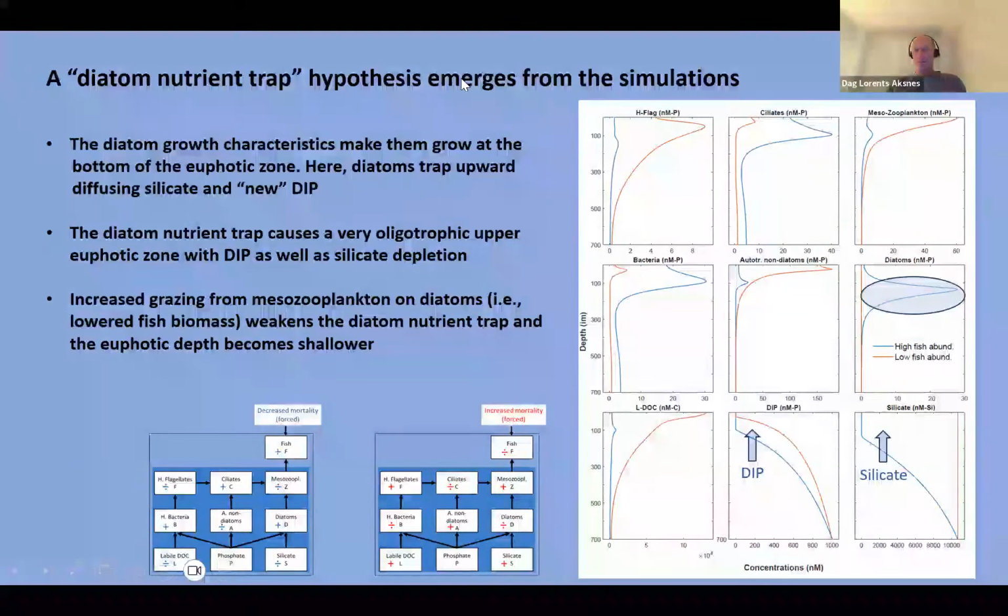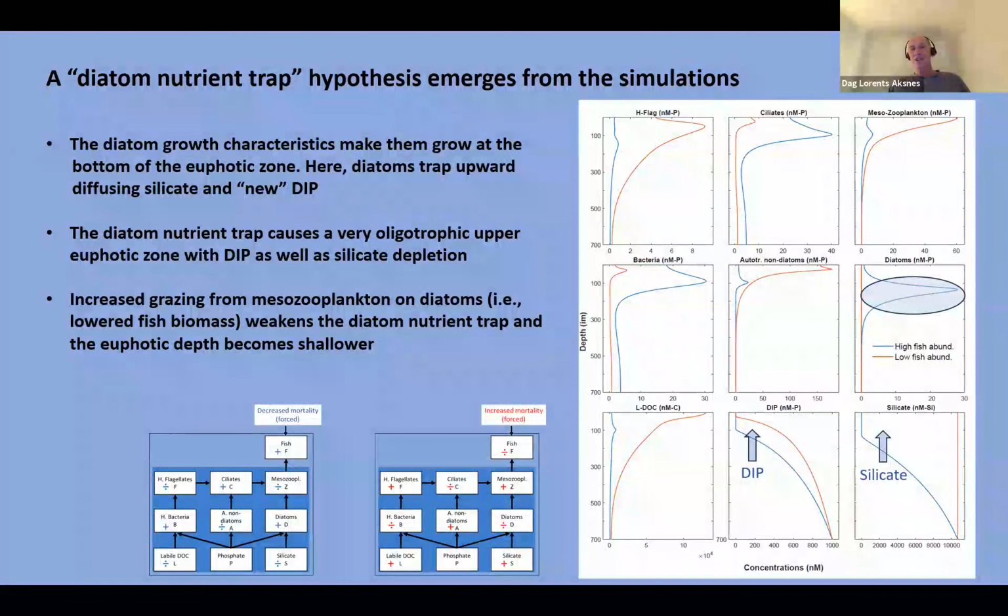It's an emergent property from the model in a way. The diatom growth characteristics in this model, which are actually based on observations and experimental work, make the diatoms grow at the bottom of the euphotic zone.